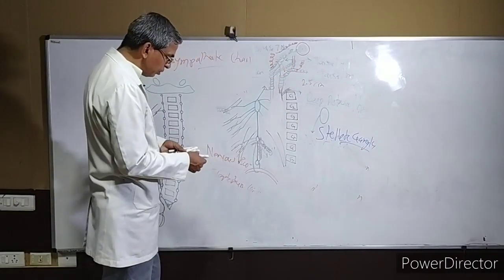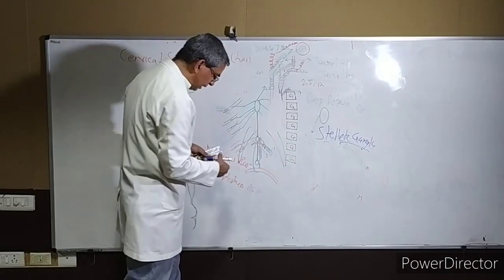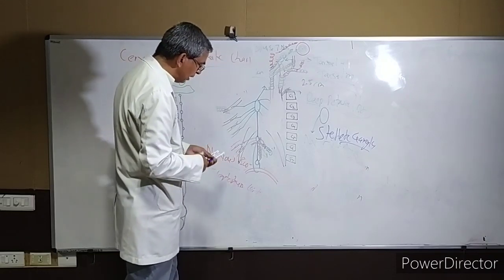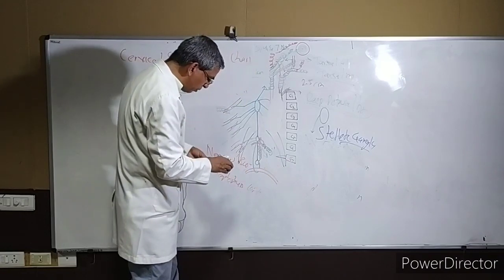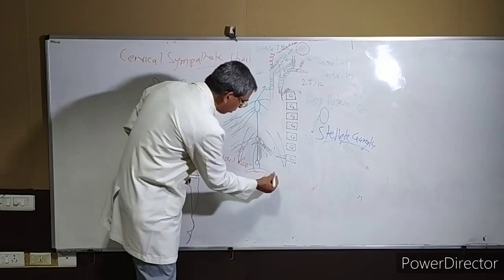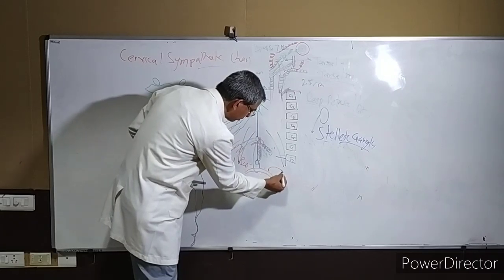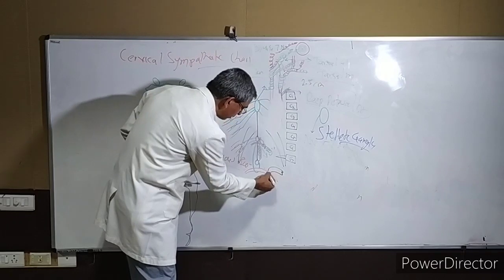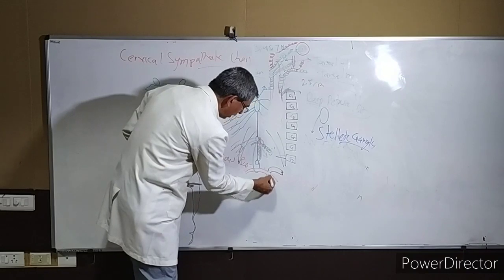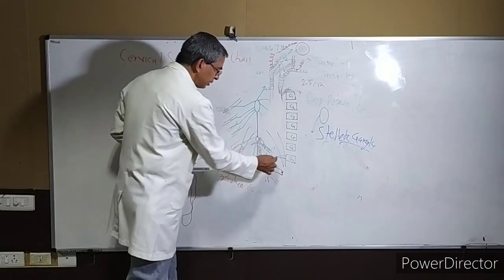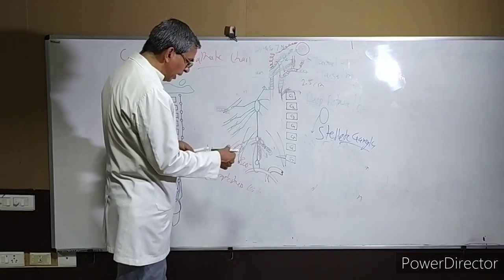Look here. If you see the location, this ganglia is situated between the transverse process of the C7 vertebra, okay, this is the transverse process of the C7 vertebra, and the neck of the first rib. This is the neck of the first rib. So it lies between the neck of the first rib and the 7th cervical transverse process, behind the apex of the lung.